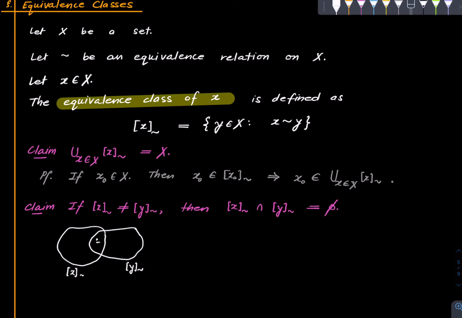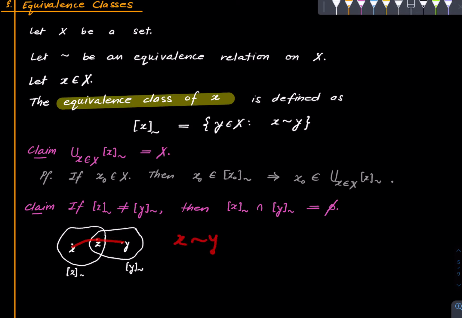And suppose an element z was common to them. So let's say x was here and y was here. Then, since x is related to z and z is related to y, by the fact that tilde is in particular transitive, we see that x is related to y.